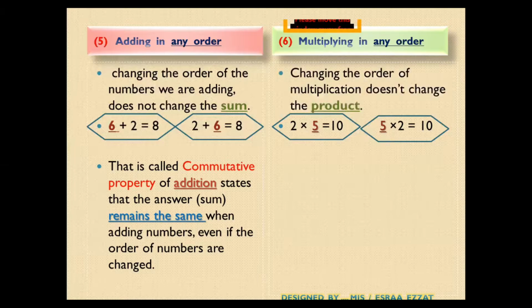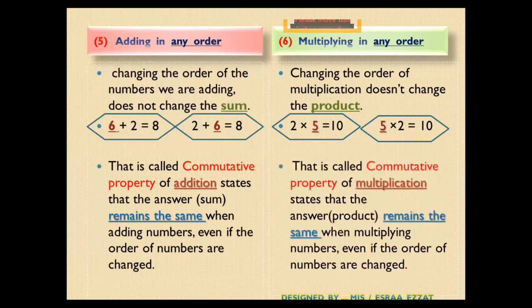So here we notice that changing the order of multiplication doesn't change the product. That is called the commutative property of multiplication. It states that the product, which is 10 here, remains the same when multiplying numbers, even if the order of the numbers is changed, even if we switch between these two factors.